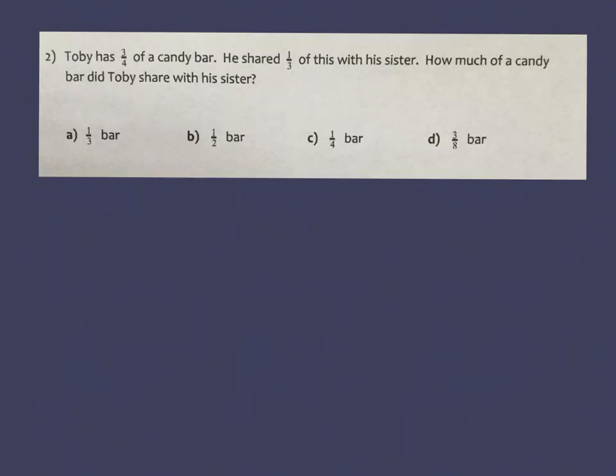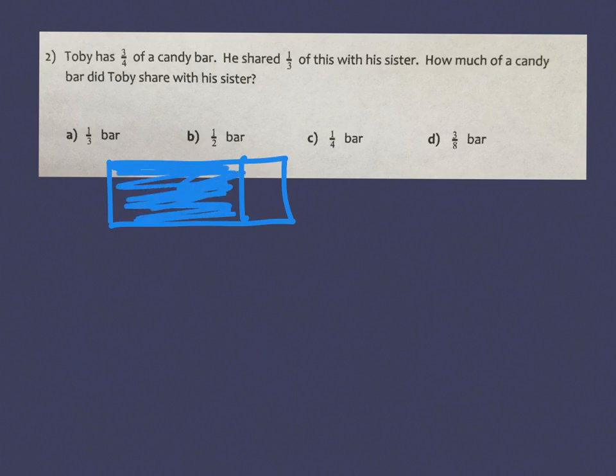In this problem, Toby has 3/4 of a candy bar. He shared 1/3 of this with his sister. How much of a candy bar did Toby share with his sister? So let's think about this. He doesn't have the whole candy bar. He's only got 3/4 of it, right?